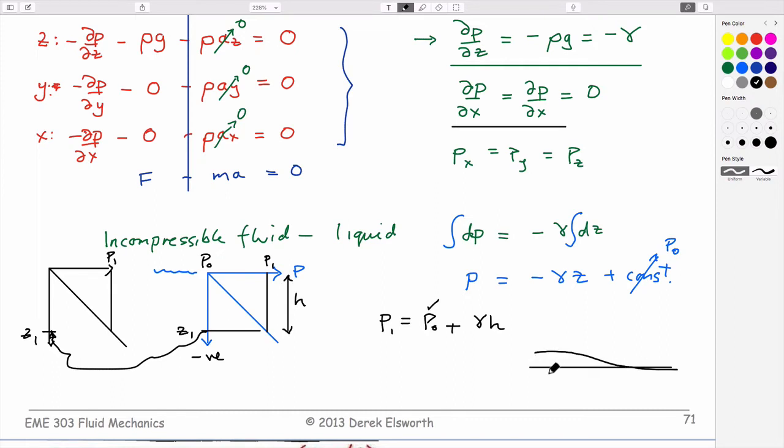But because horizontally as you move there should be no pressure change, then the pressure at this point here, which would be atmospheric, has to be the same as you go within the fluid in the middle of the hurricane at this point here. So this has to be equal to this.